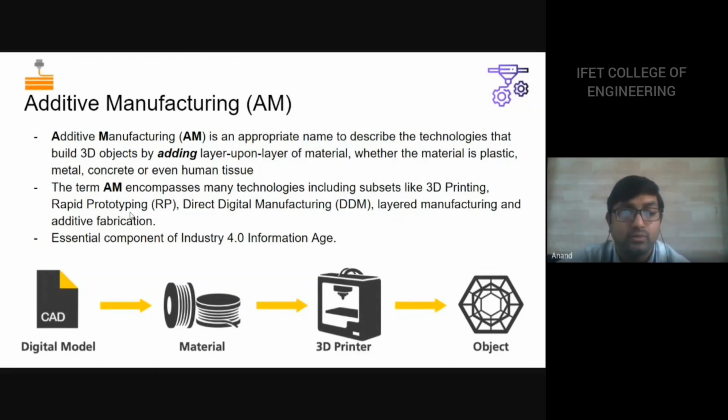If you want to create a prototype, we can easily get it through 3D printing. Going by the older methods, if we go to the casting method, even for creating a prototype we have to make the mold, and using the mold we can create the prototype. So it takes a lot of time, right?